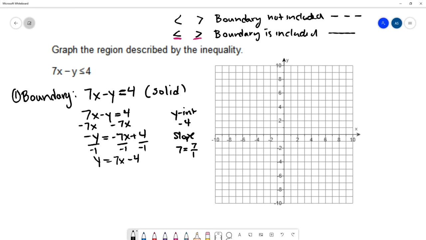So we can graph this line by plotting that y-intercept of negative 4 using the slope to get to a second point. So we're going to rise 7 and run 1.